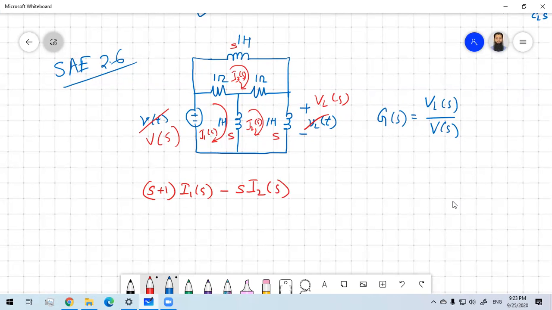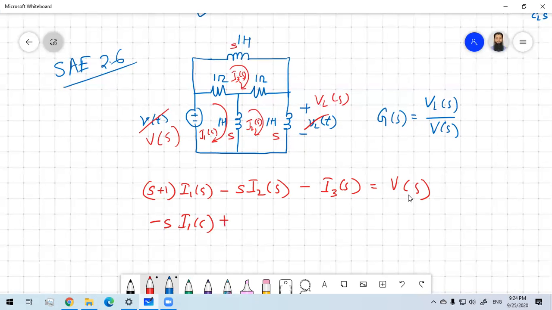Then what is common between 1 and 3 is minus I3S, equal to your VS. Second equation: what is common is S, so minus S I1S, since we are dealing with the second loop, a negative sign has to be there.